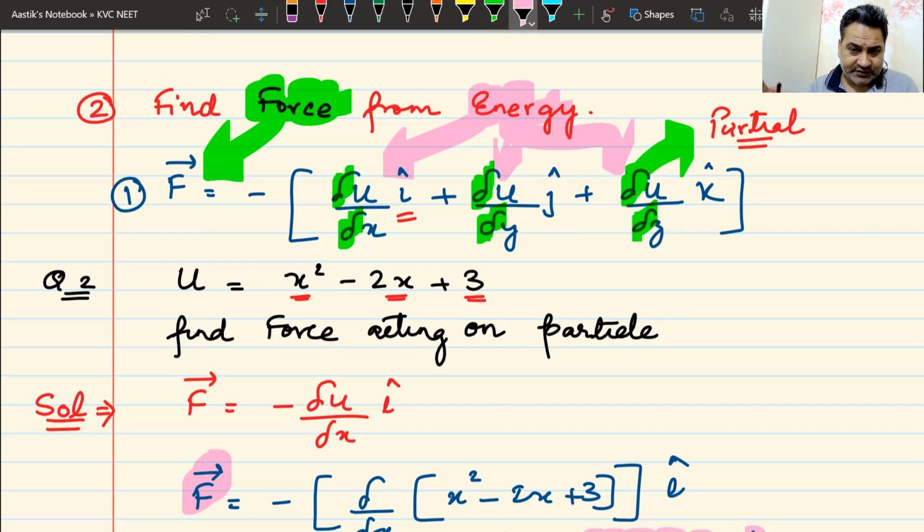Integral is the reverse of differentiation. Differentiation is the opposite of integral. So that is how the relationship between these two has been and will always remain.